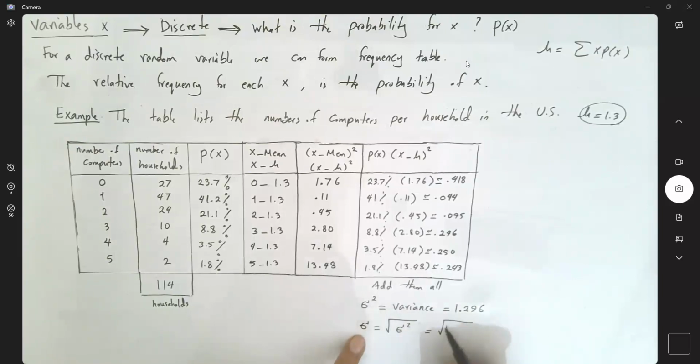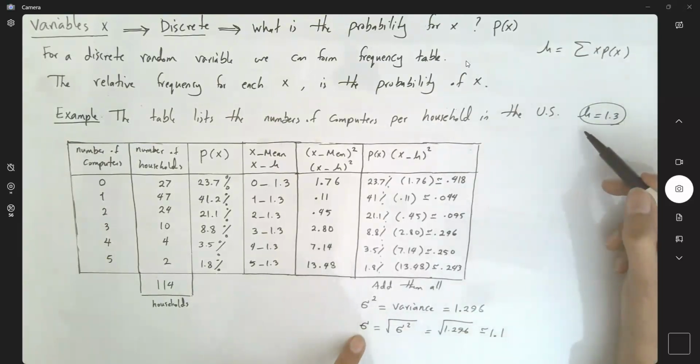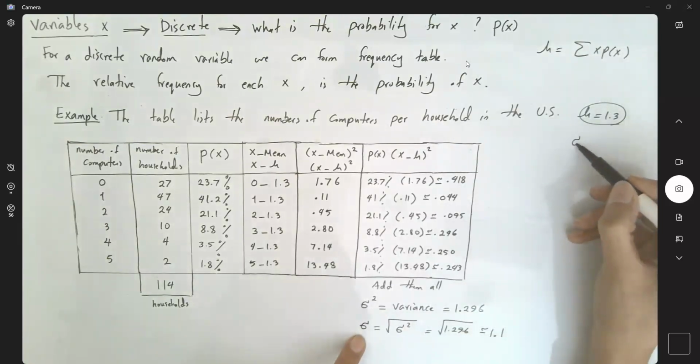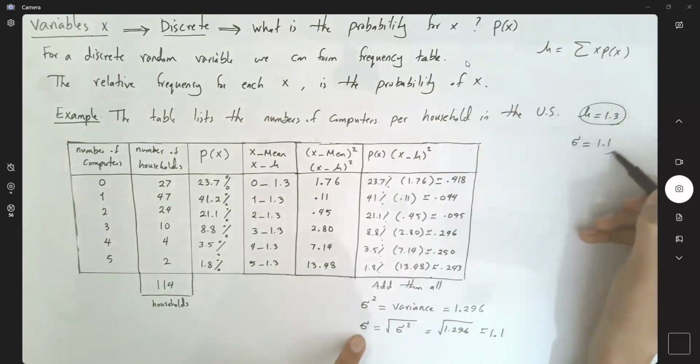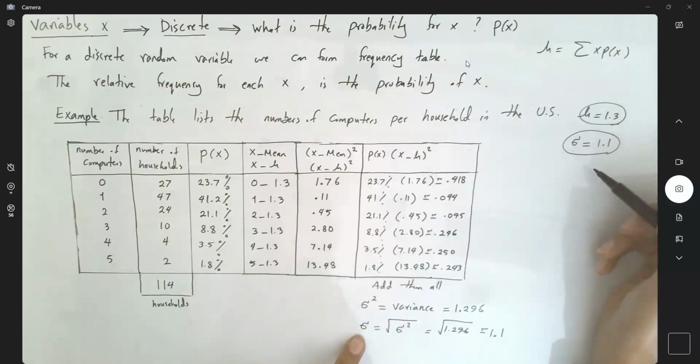So the square root of 1.296 is about 1.1. We found the mean and we found the standard deviation, 1.1. So on average, we expect the US households have one computer with standard deviation about 1.